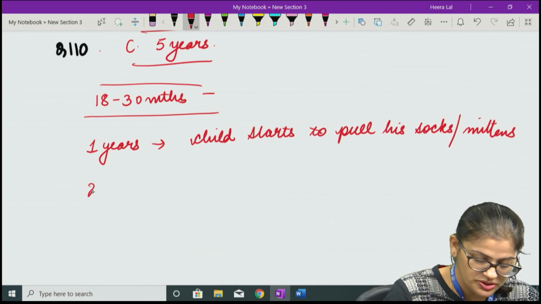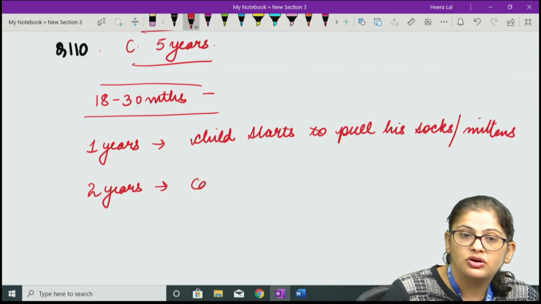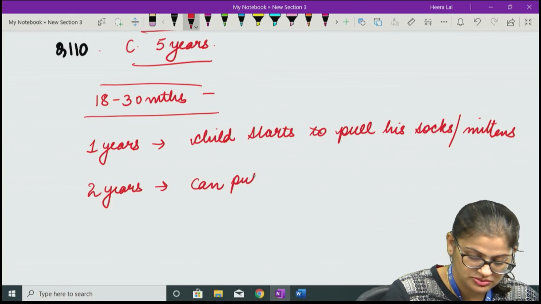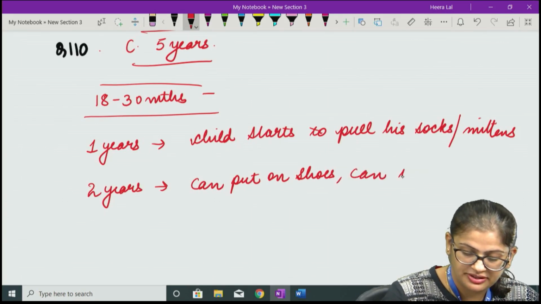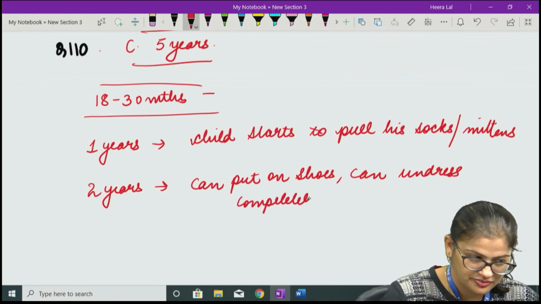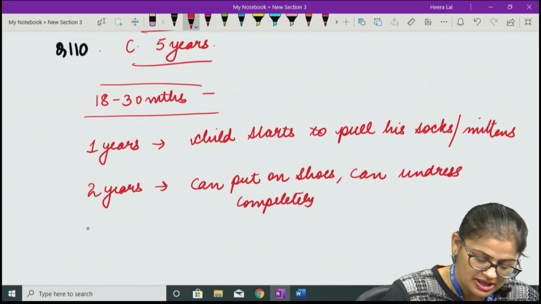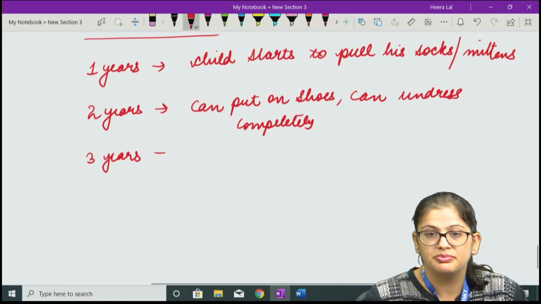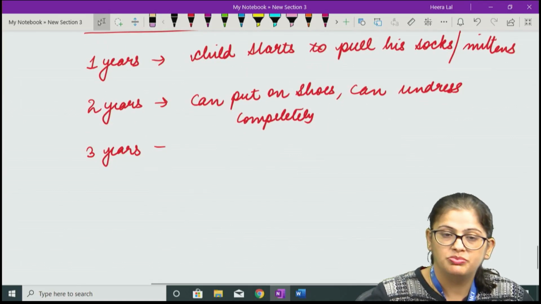Then at around 2 years of age, they can put on shoes and can undress completely. By around 3 years, they can dress and undress completely if they are helped with buttons.